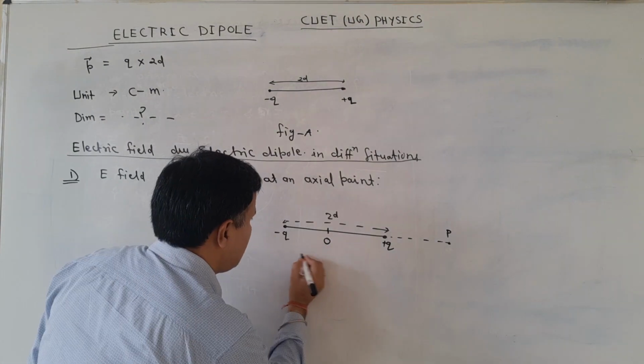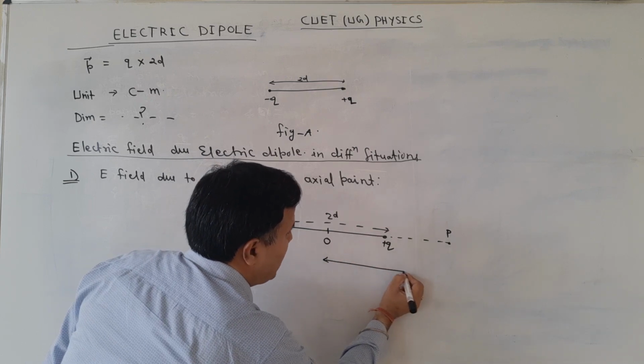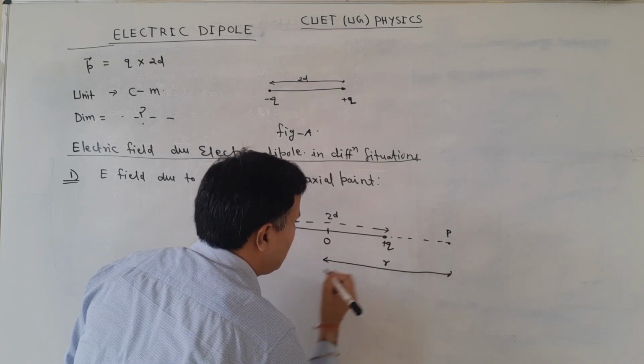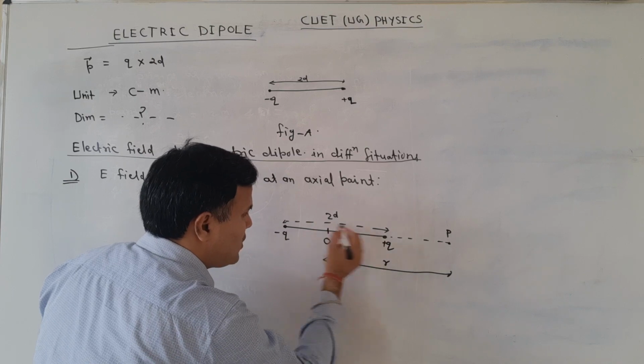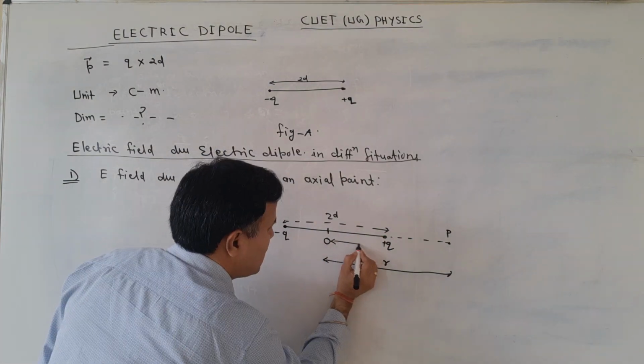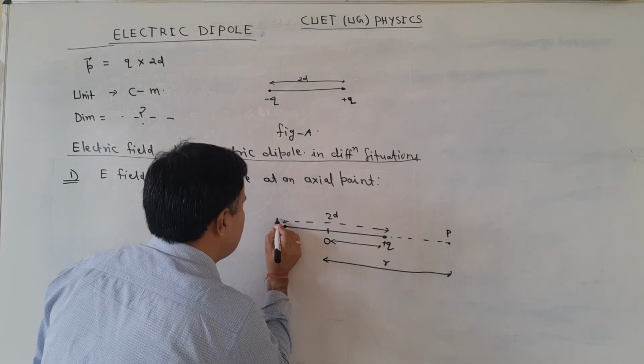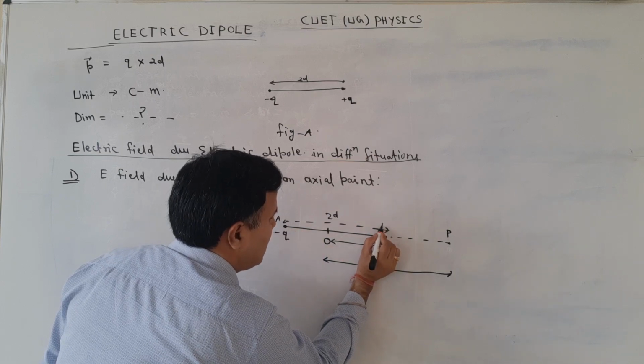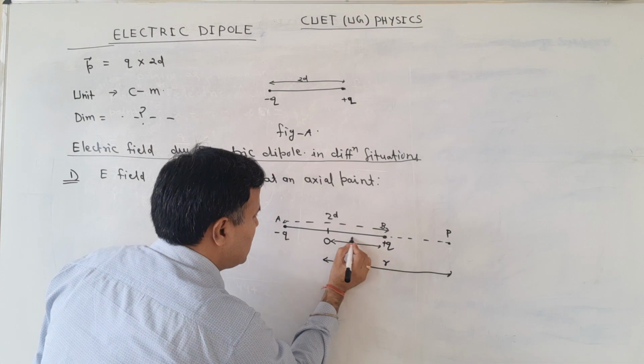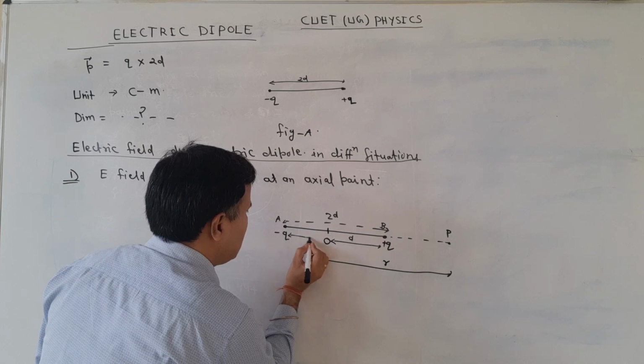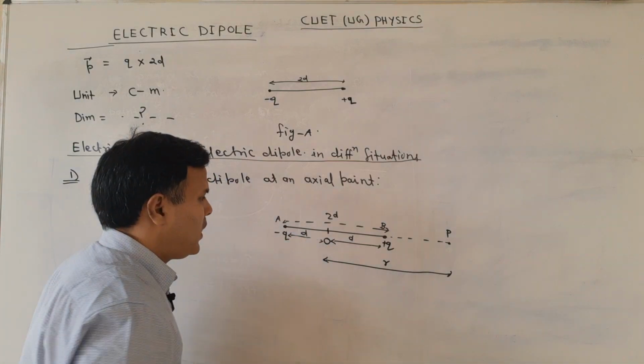Its distance from the point P is r, and if this distance is 2d, then the distance from O to this charge, let's say this is A and this point is B, is simply d, and this is also simply d.